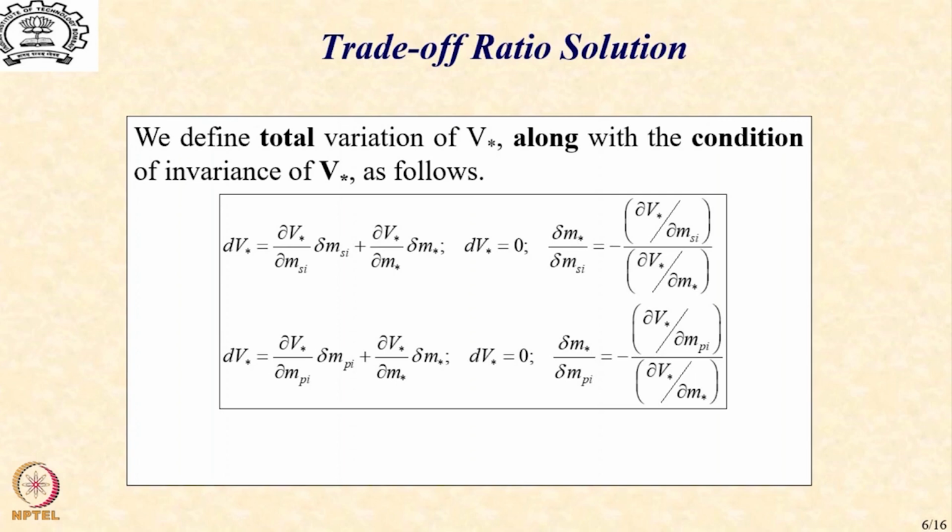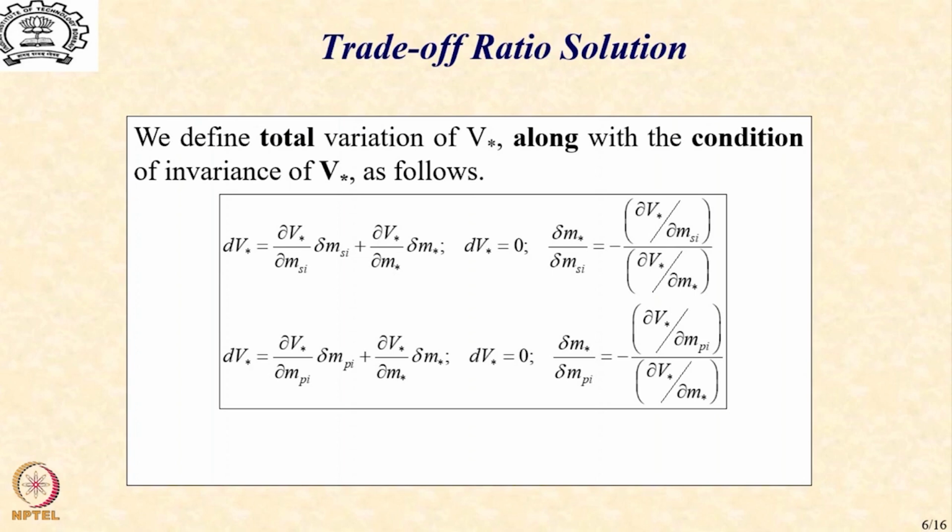So we immediately see that the sensitivity of the payload mass for a small change or a unit change in the structural mass of the ith stage is nothing but the negative of the ratio of the two partial derivatives, one with respect to MSI and the other with respect to M star.